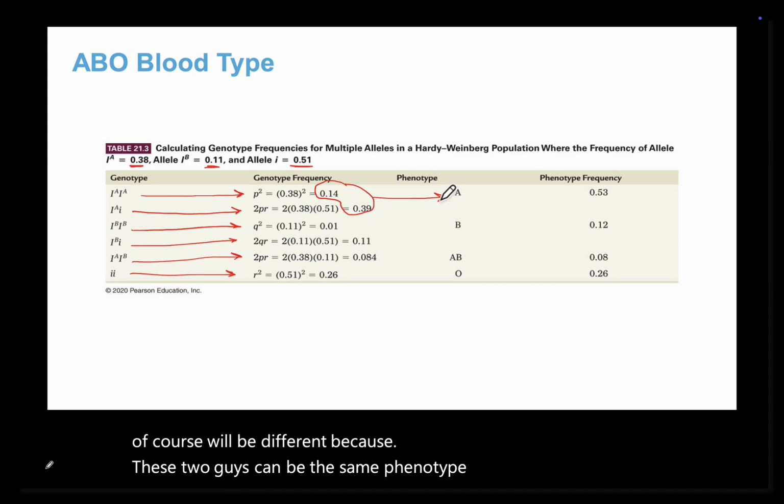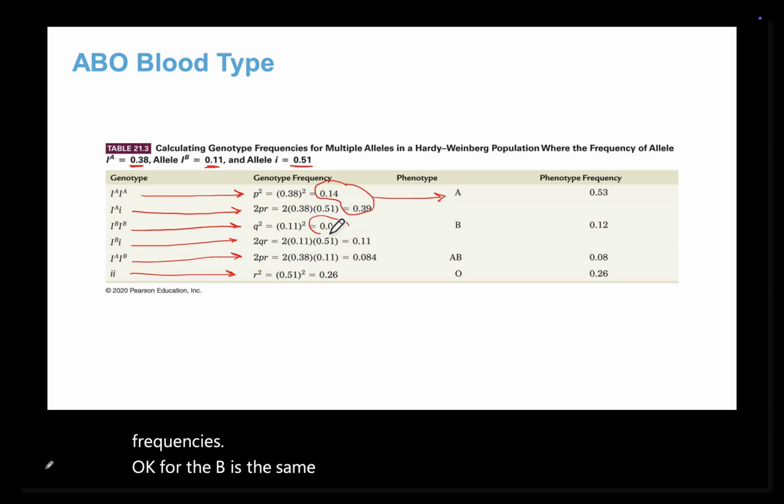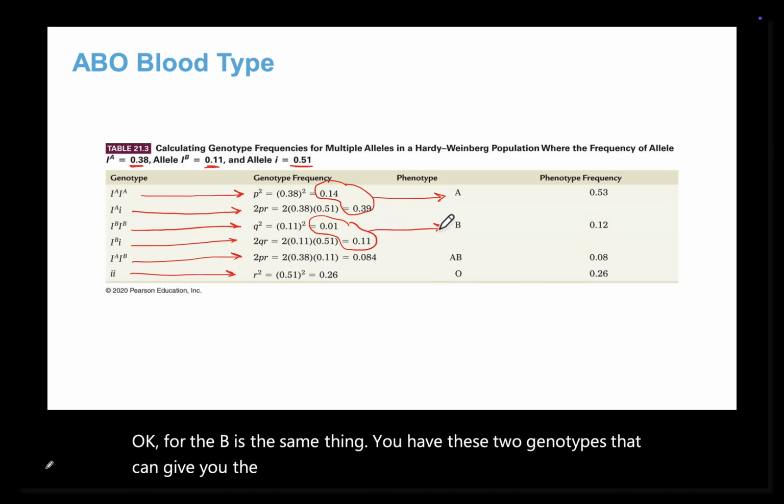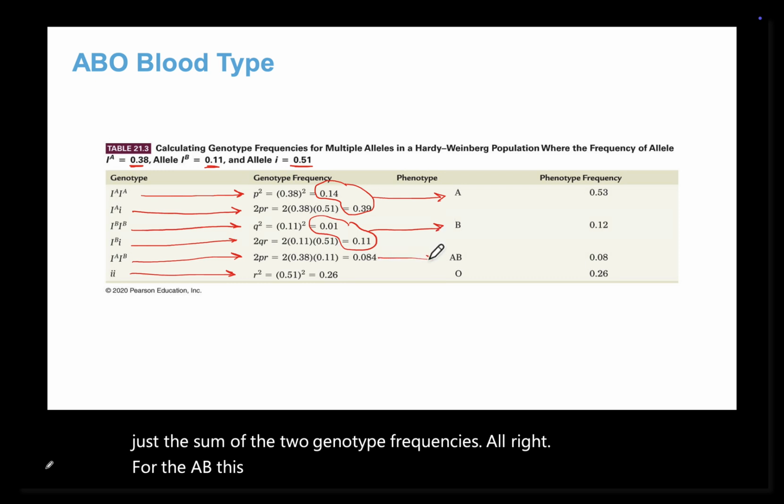Therefore, the phenotype frequency is just the sum of these two genotype frequencies. Okay? For the B is the same thing. You have these two genotypes that can give you the type B. Therefore, the phenotype frequency for B is just the sum of the two genotype frequencies. All right? For the AB, this is what we get, and for O, this is what we get.